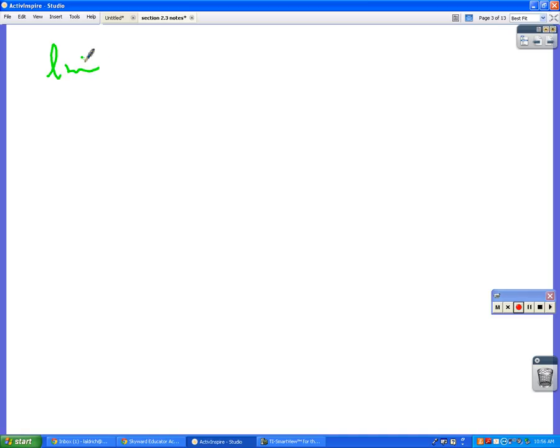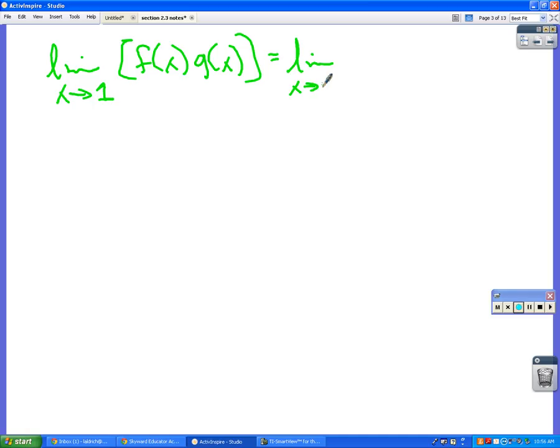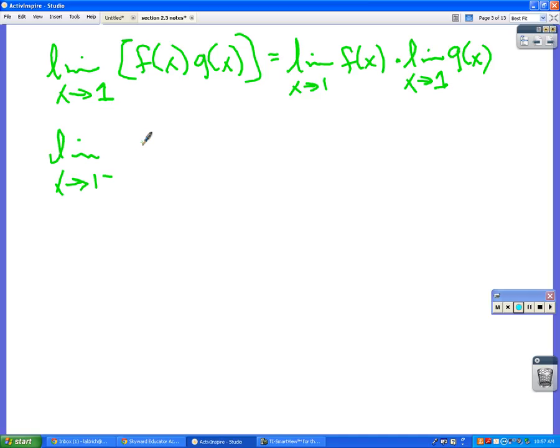So if you say the limit as x approaches 1 of f of x times g of x, and you break it down into the limit as x approaches 1 of f of x times the limit as x approaches 1 of g of x, and then you say that since this doesn't exist, the answer doesn't exist. There are situations where that is not necessarily true, and here's what you have to do to solve this. You have to look at the limit as x approaches 1 from the negative side.